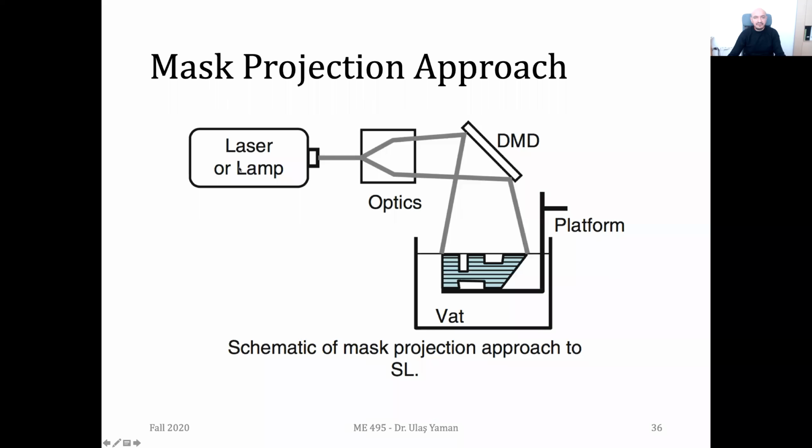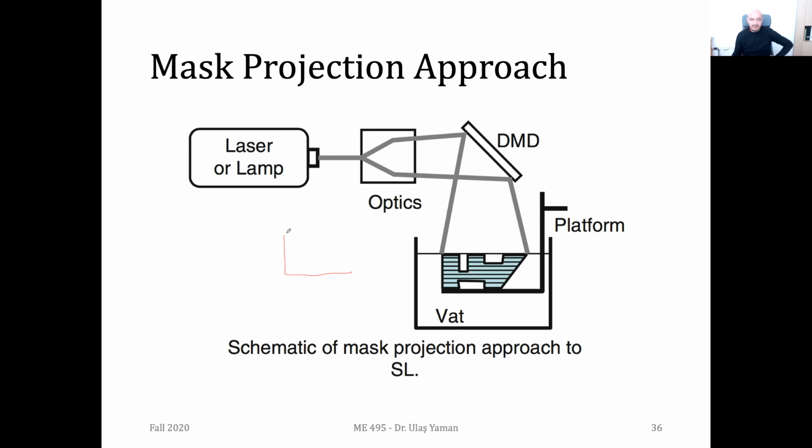But right now, in this masked projection approach, as the name implies, we'll be projecting a kind of mask on the table. Which means that you don't need to scan. The layer will be completely projected, and the curing operation will be done in some seconds.